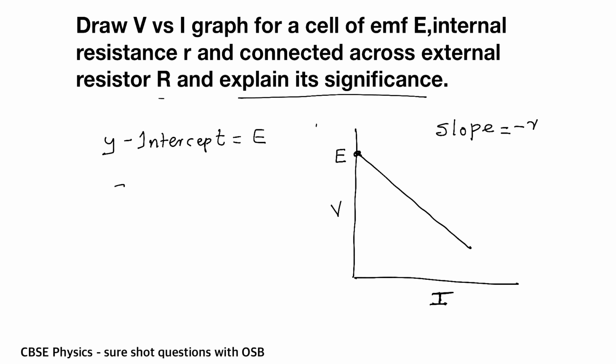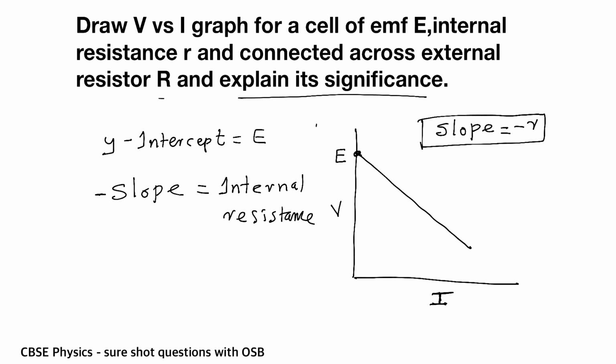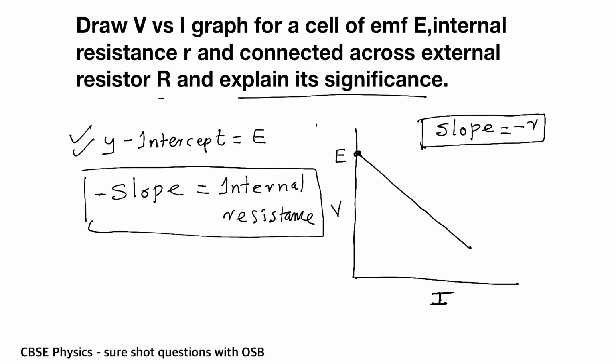Now, minus slope will give you what? Internal resistance. The slope is minus r, so the negative of the slope will give you the internal resistance. The y-intercept will give you the EMF. Clear? So that is the significance of this graph. Hope all of you understand.